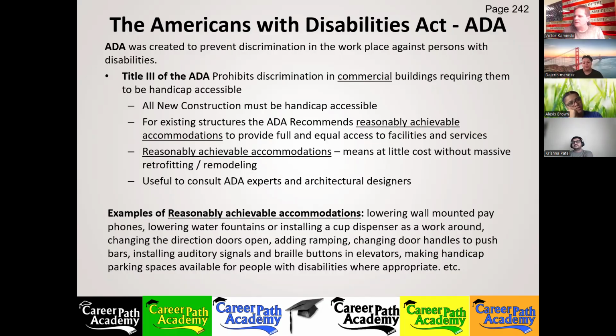I looked down the hallway and was like, how are you going to get a wheelchair into the bathroom? I've got to modify the bathroom and make it handicap accessible, but you're not going to be able to get a wheelchair to the bathroom. It doesn't make sense.